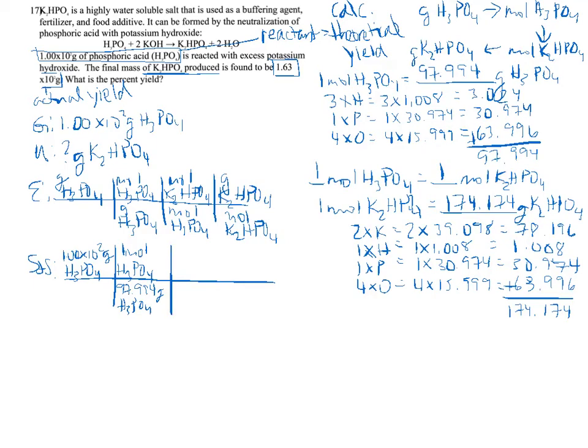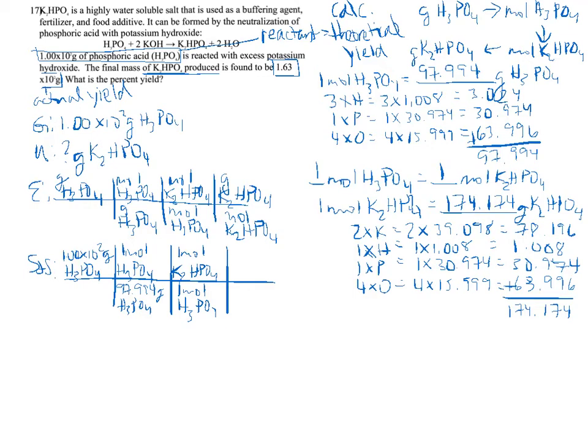Then we do our mole to mole ratio. Remember, these were both 1 to 1, so it's almost like you don't have to do it at all. 1 mole K2HPO4 over 1 mole of H3PO4.